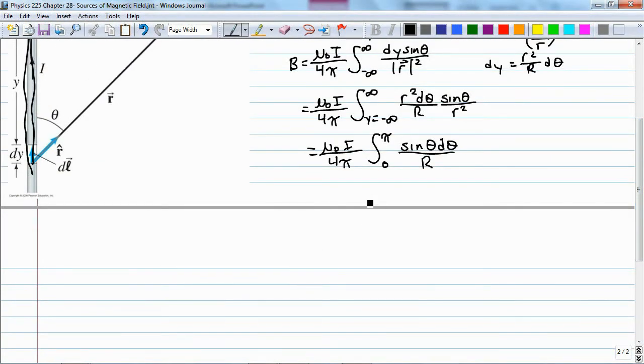And now the R comes out because it's just a constant. And now I'm just going to do my integral.